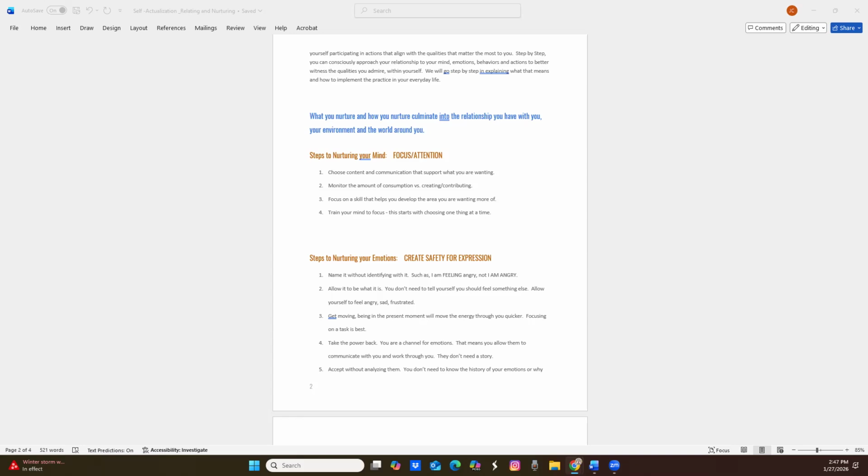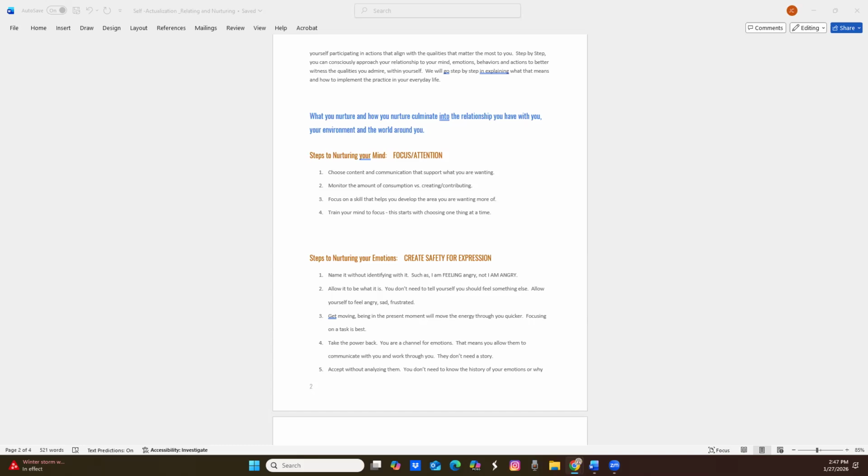Over time, your emotions will know they are safe to process through you and they won't unconsciously repress. And so this will keep your emotions from being stored in the body. Stored and repressed emotions create self-doubt, they create discomfort, and they make you question yourself. So it's really important to have a good relationship with your emotions.